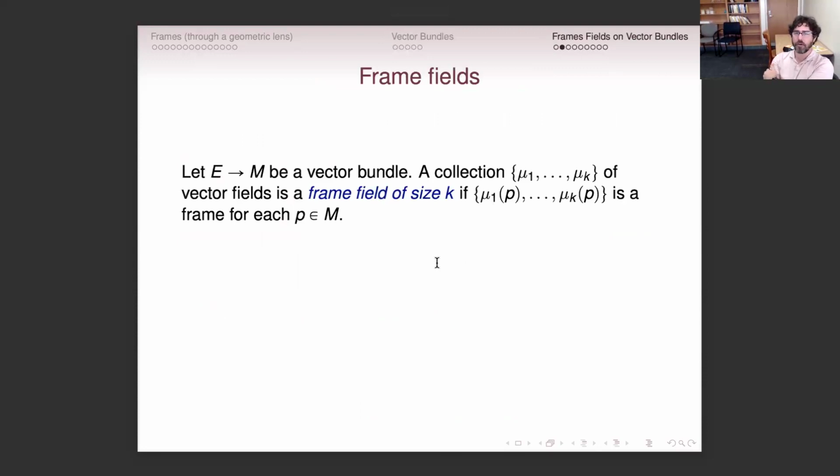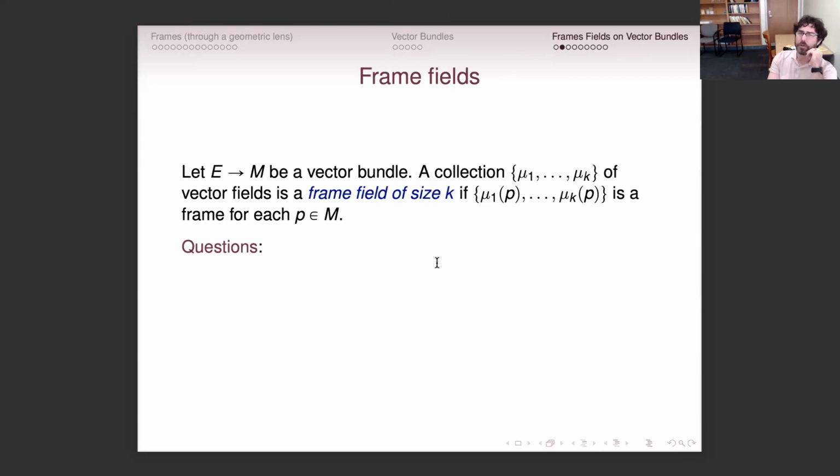If I have a vector bundle and I have a finite collection of vector fields on that vector bundle, then I'm going to say that that's a frame field of size k if at every point on the downstairs space, the collection of vectors I get coming from the vector fields is a frame for the vector space at that point.